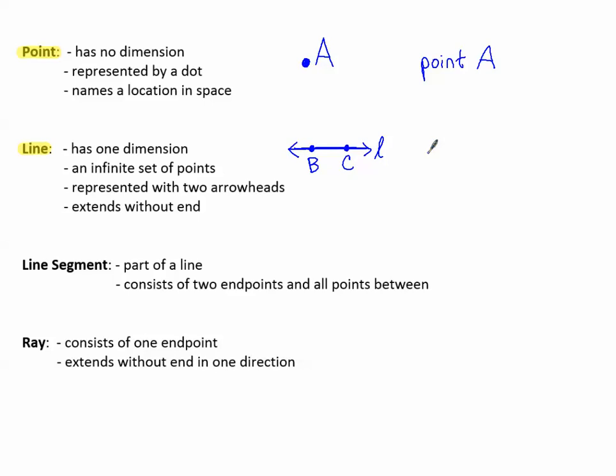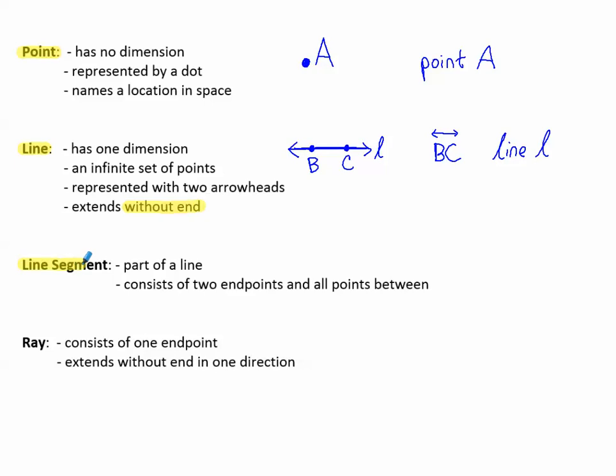I can name this by calling it line BC. I put the two named points next to each other and a hat that looks like a line right over top. So this is the way to name this line. I could also name it line L. Again, it's important to remember that a line never ends. It is without end.